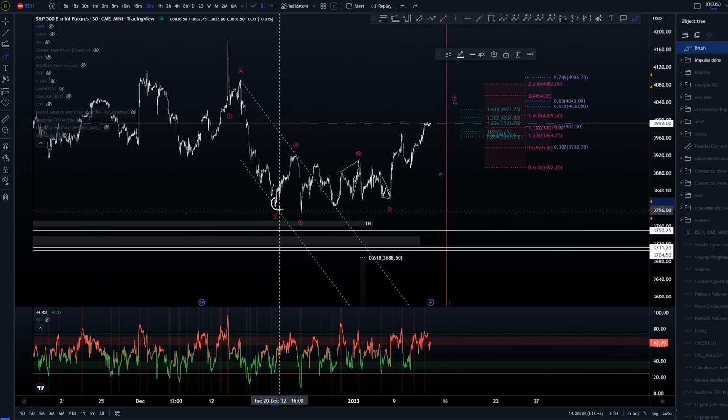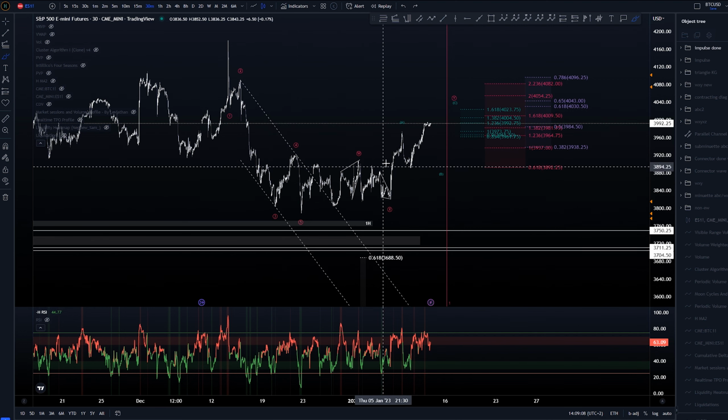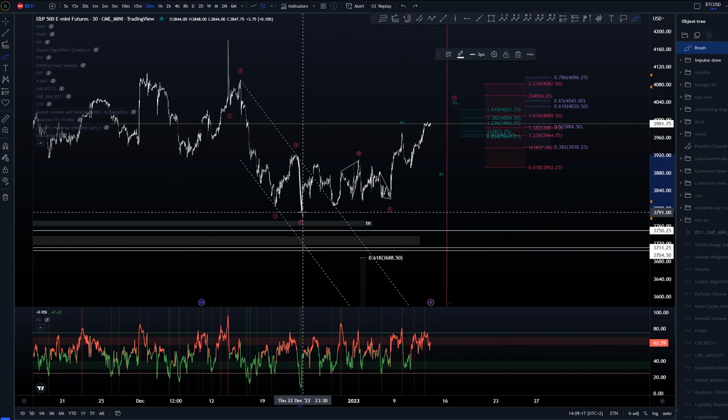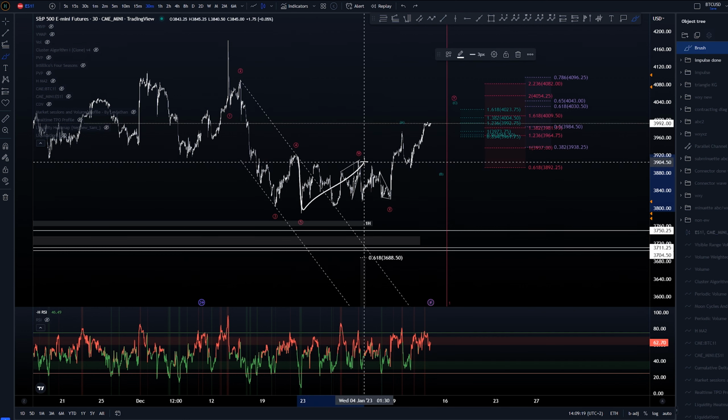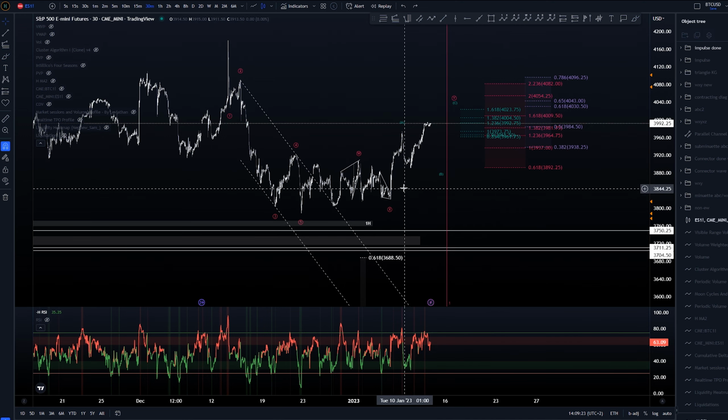If the structure ended here, we would have a very weird looking structure, where we had taken out the lows already, so that allows only some kind of expanded structure. And now that we have already taken out these highs as well with the price action from the 6th, we can't have this as a wave A of anything unless it's complete like that. Not the best look either.